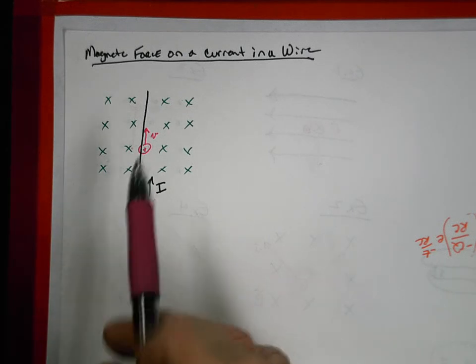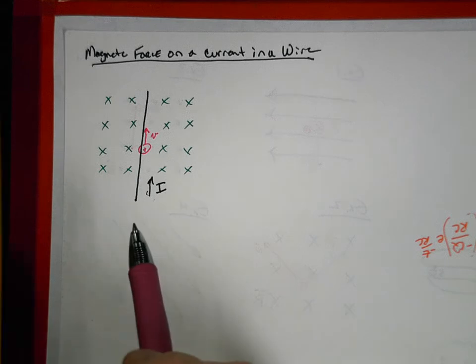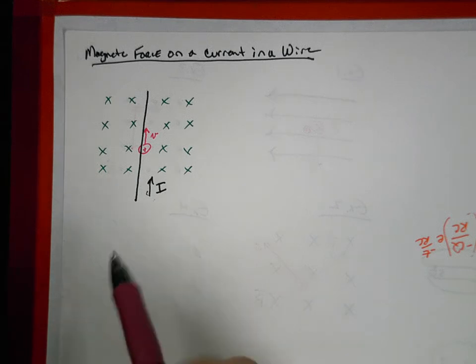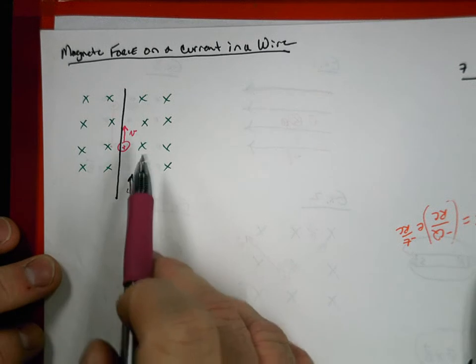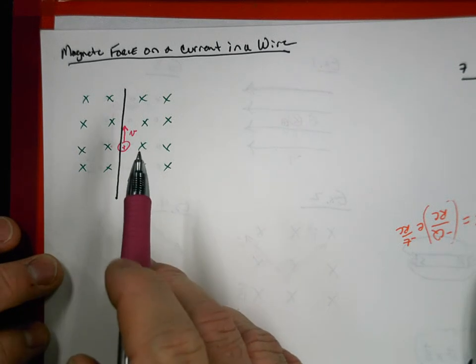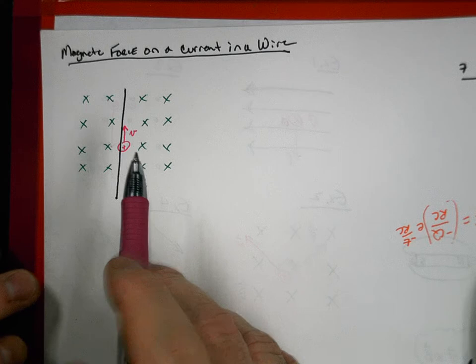What this winds up being is a summation of all of the drift speeds. Our velocity here is a summation of all the drift speeds of the particles.